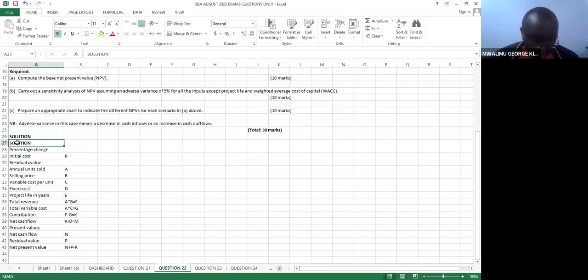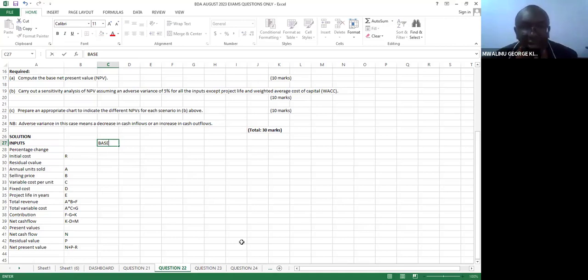Then this one we call inputs, so that it gives us a space to have the first values. We have the base. And now for the scenario analysis, we are told that all the inputs will change by 5%. So we have the other scenarios.